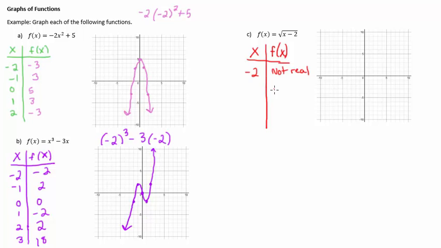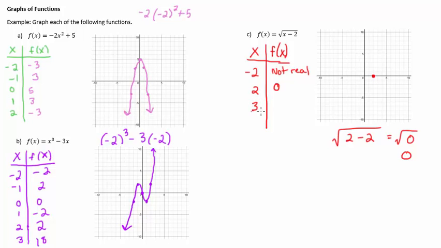Like 0 still doesn't work because that gives me a negative 2. I actually have to go all the way to positive 2, and then when I plug in 2, I get the square root of 0, which is 0. So go over to 2, 0, and then any number to the right of that now should work.